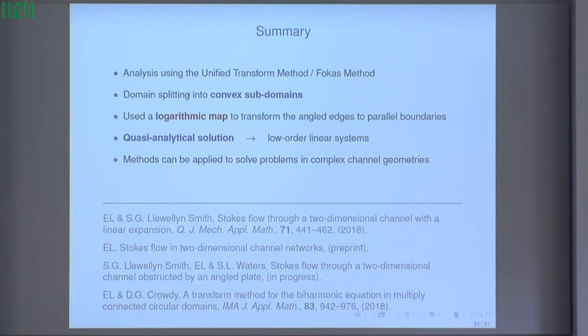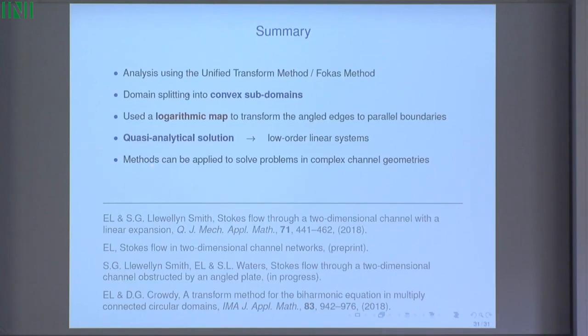So we consider this a quasi-analytical solution because, in general, you only need few terms in those expansions to give good accuracy about the solution. And then once you have these coefficients, you have closed form expressions for all the quantities that you need. I mean, you still need to compute them numerically, but they are closed form expressions.